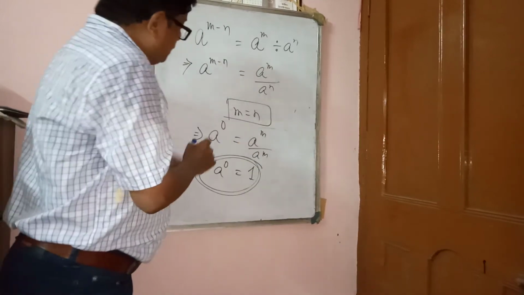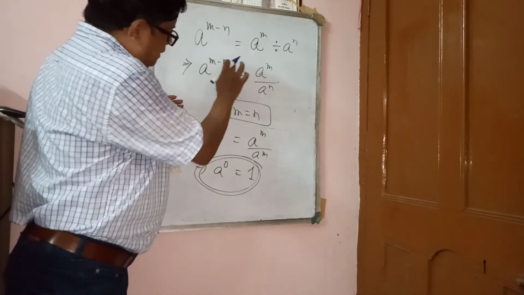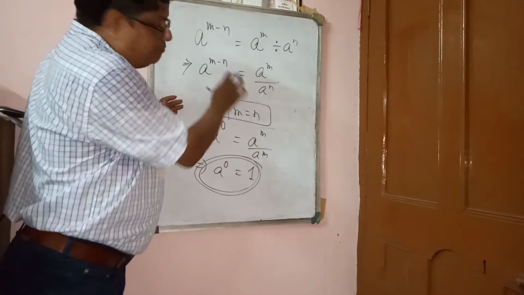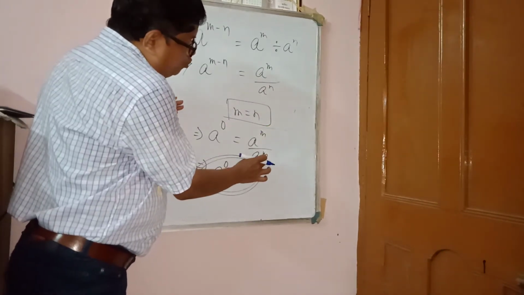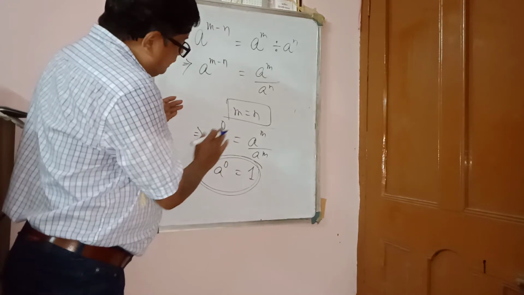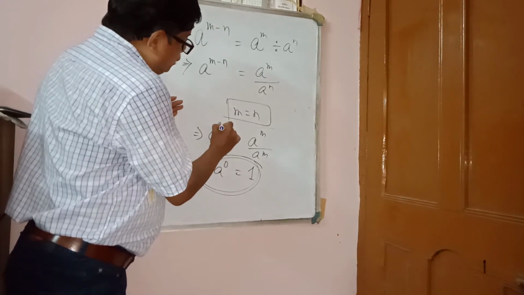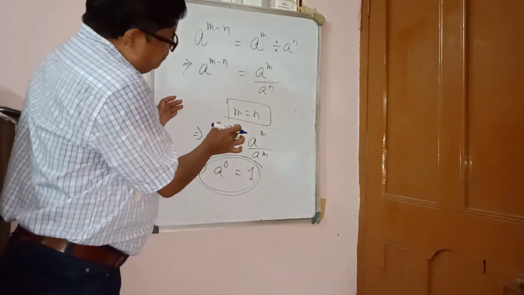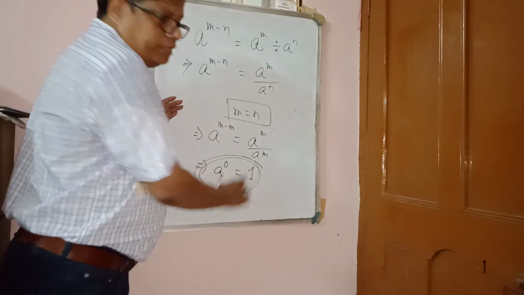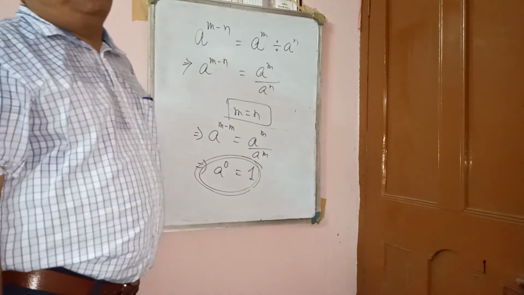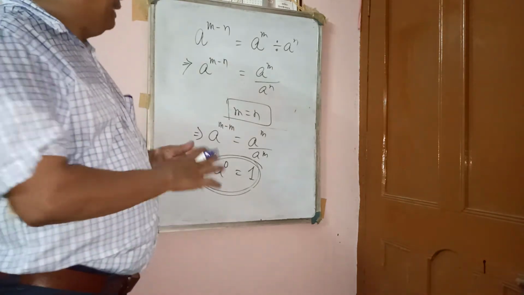Then m minus n is 0, so we get a to the power n by a to the power n. So a to the power 0 equals, this will cancel, 1. So a to the power 0 equals 1.